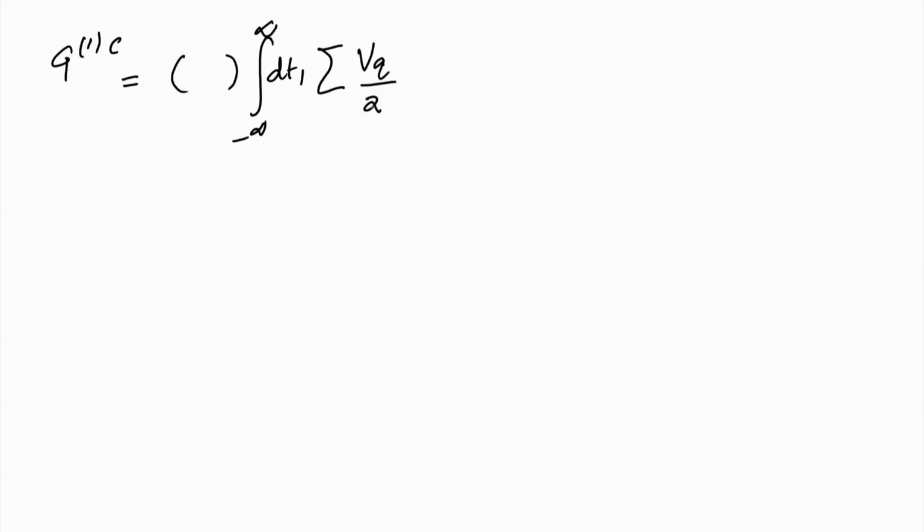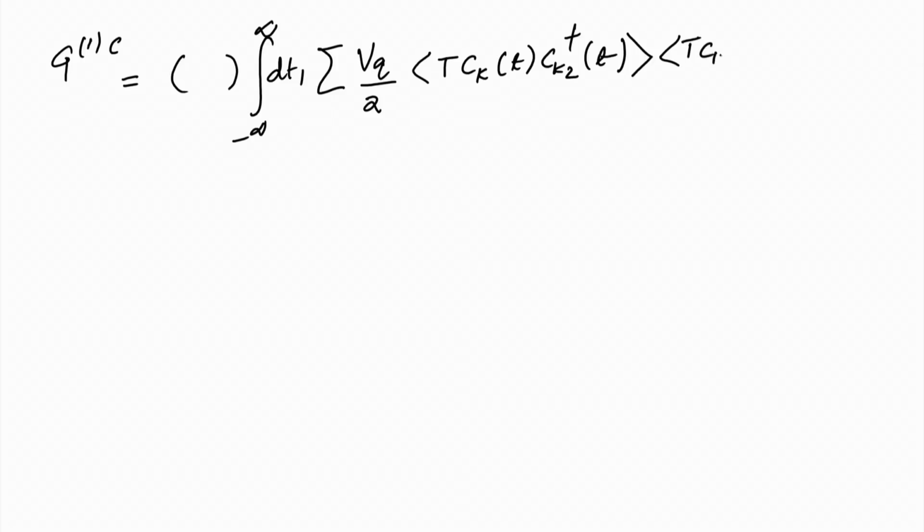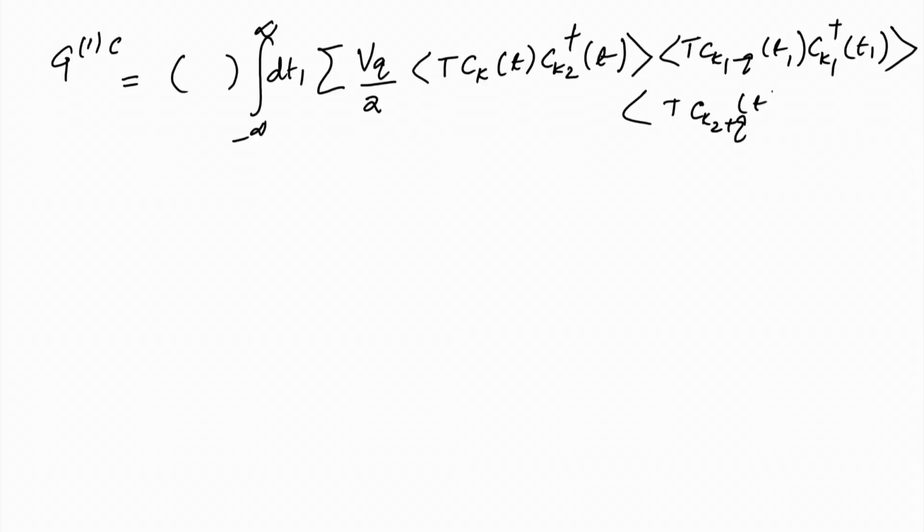So, let us take the third term. So, G 1 C, that is equal to again this, and it is a minus infinity to plus infinity, and we have a dt 1, there is a sum over, there is a V q over 2, and now I have terms such as T C K T C K 2 dagger T, T C K 1 minus Q T 1 C K 1 dagger T 1, and there is a T C K 2 plus Q T and C K dagger T prime.